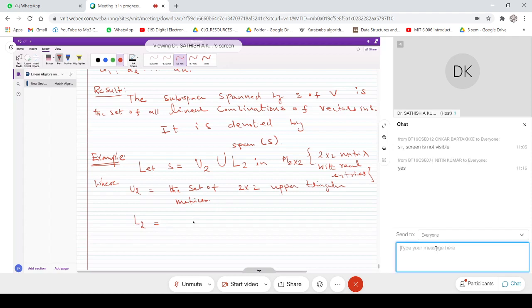Yes, sir. Okay. So L2 is once again the set of 2 by 2 lower triangular matrices. Now we'll just see what the span of S is.